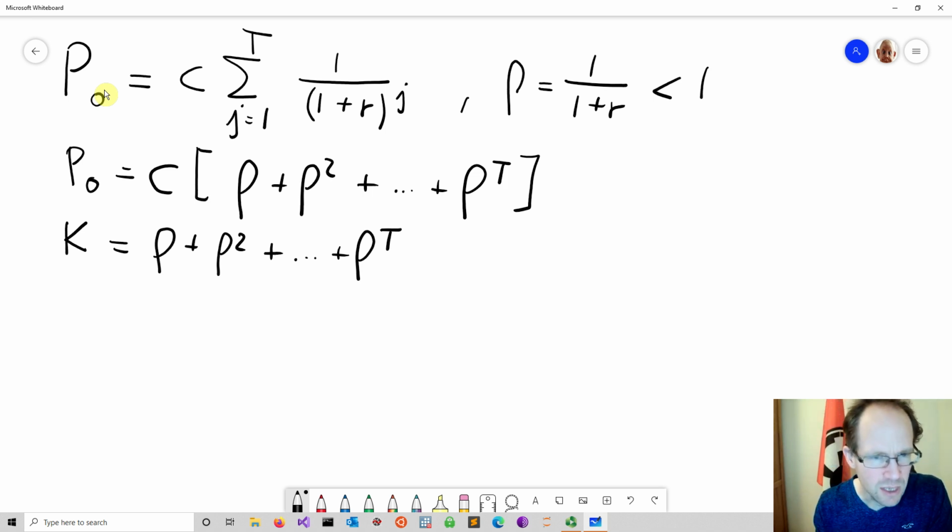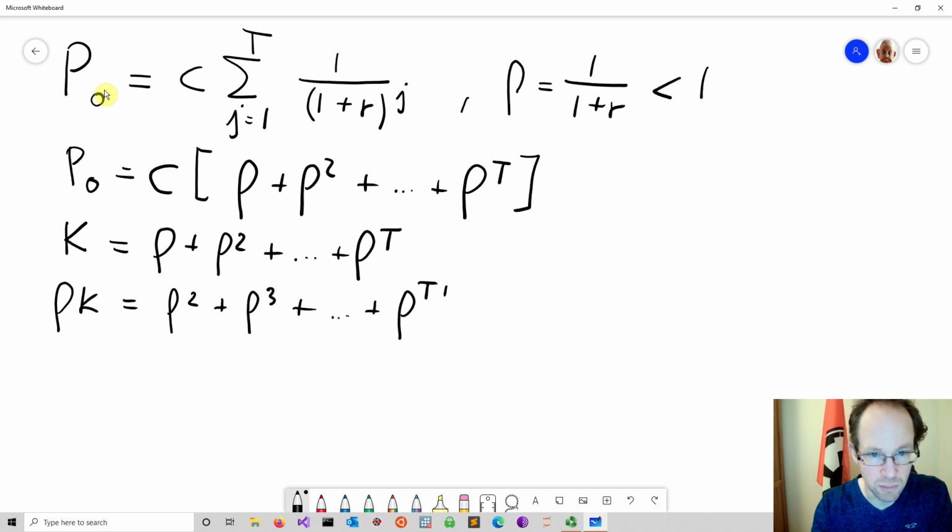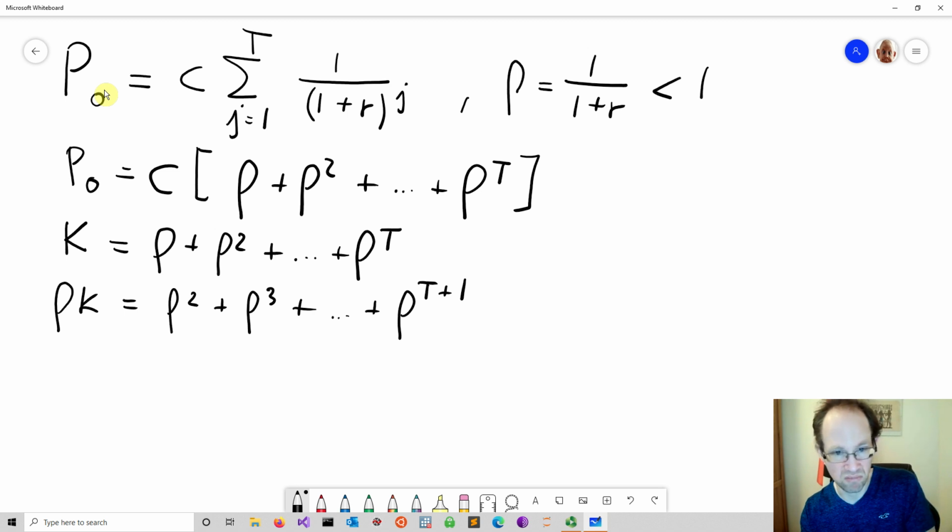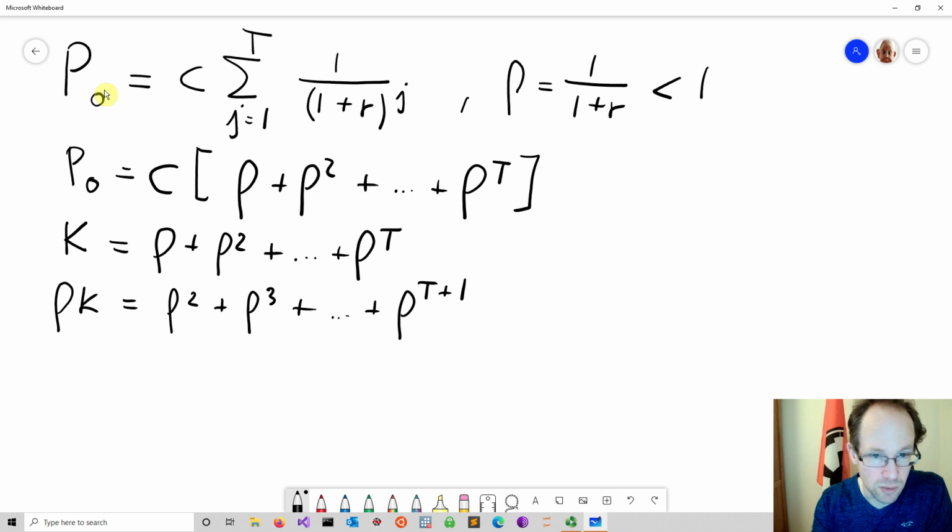Okay, good. So now let's explore this a little bit further. What you could easily do, and it's perfectly permitted, is simply multiply by rho. So you get rho K, which would be rho to the power of 2 plus rho to the power of 3, and so on, plus rho to the power of T plus 1. Then, because you're free to do this, you can also add rho and subtract rho.